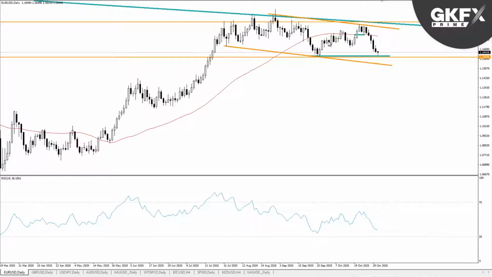There's no cast iron way of knowing that, but what we do know is that the attempts to break higher so far have been failing, and last week was a very bearish week, fell every day last week. It dropped back through the 50-day moving average, which is a very simple way to judge where the momentum is in the medium term, and so we can say that the momentum is to the downside in the medium term.